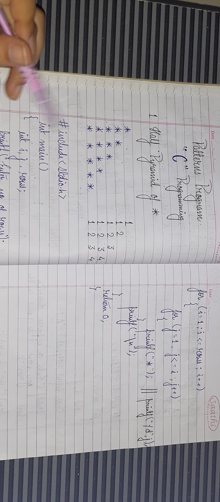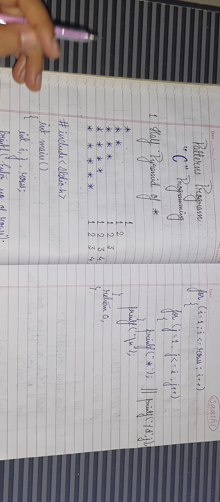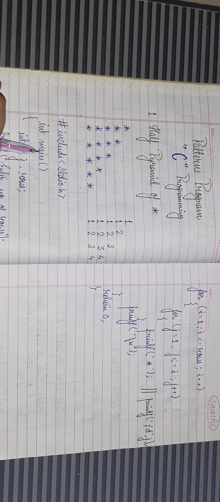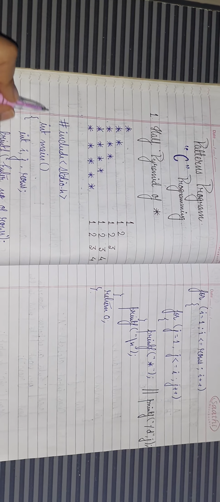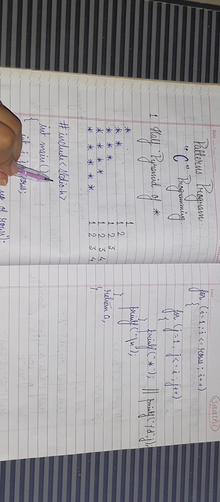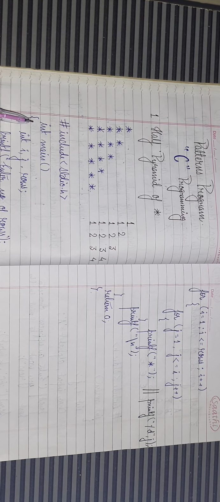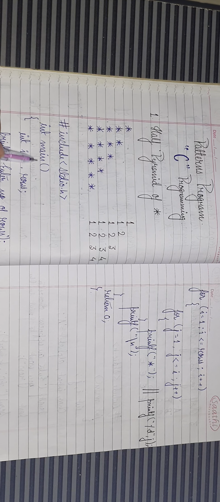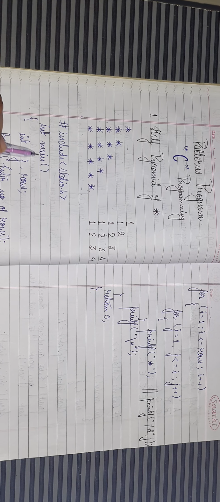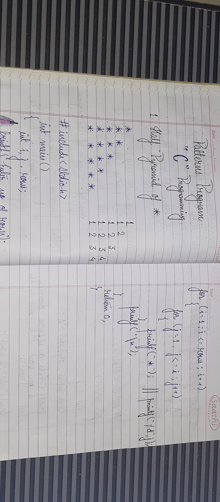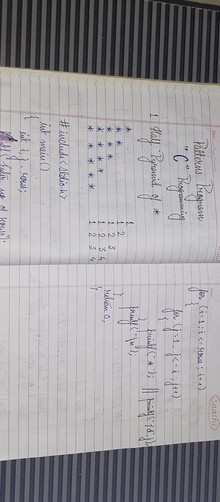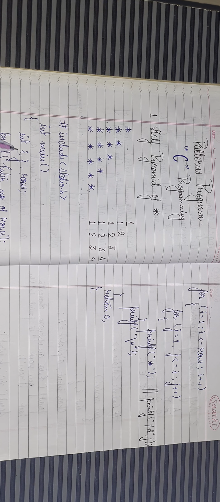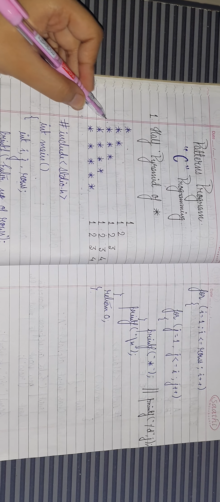Okay, so how will we begin with this type of question? Our execution starts from main, right? So we are here, we have included the header file, that is #include <stdio.h>, and after that I have given int main, from where our execution starts. I have defined three variables of integer type, that is i, j and rows. i is for the rows and j is for the columns, and rows is for how many rows you want to print.